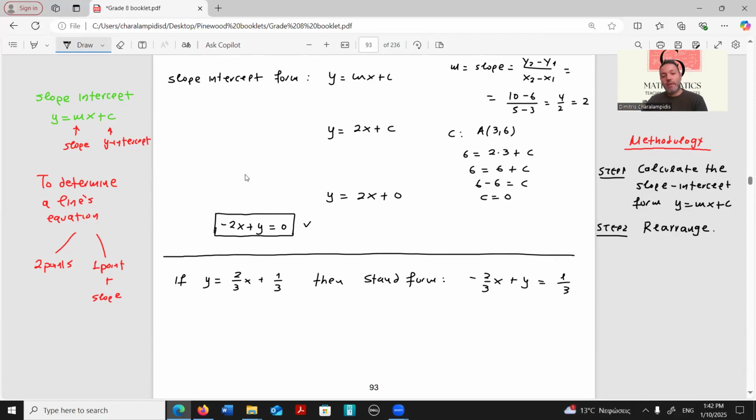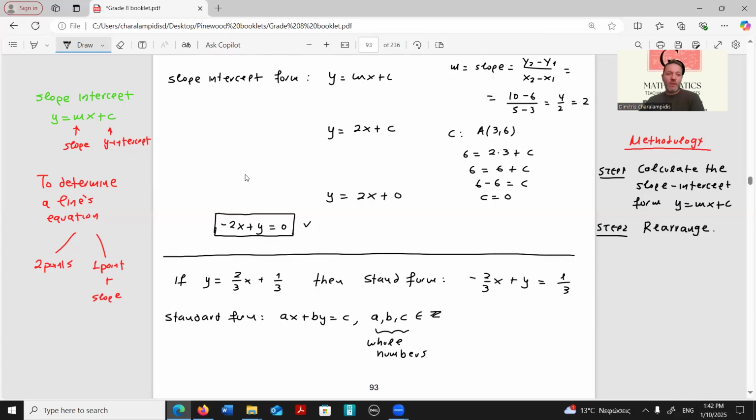But look here, the proper standard form is this form, ax plus by equals c, where a, b, and c are integers. This means that a, b, and c should be whole numbers.